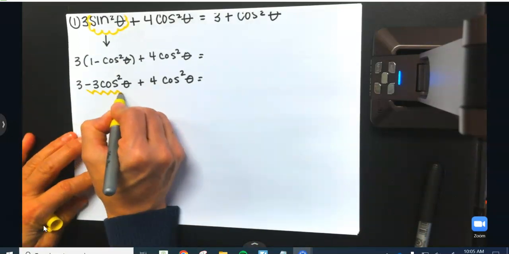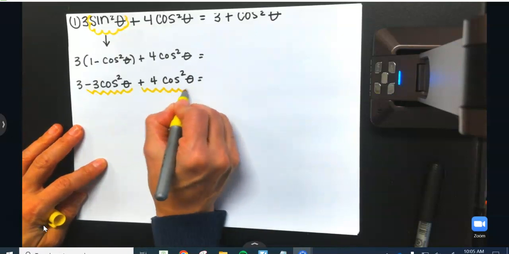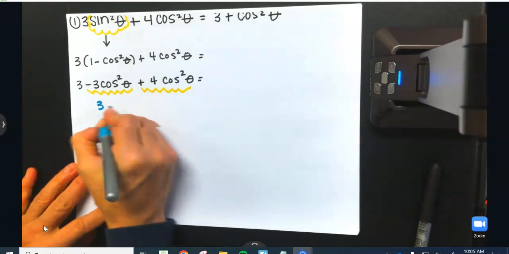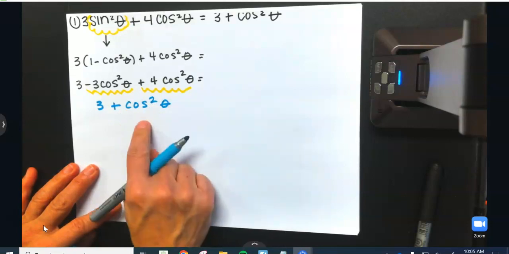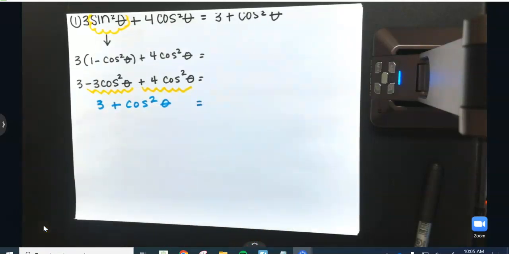You have a negative 3 cosine squared theta and a positive 4 cosine squared theta. So negative 3 and a positive 4 is 1. So my answer is going to be 3 plus cosine squared theta, and that's it. We just verified it.